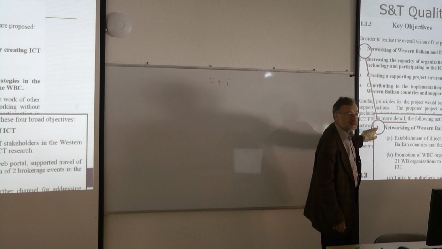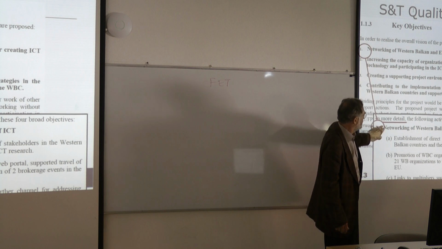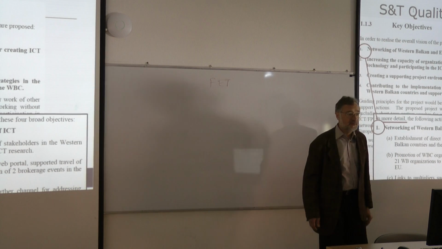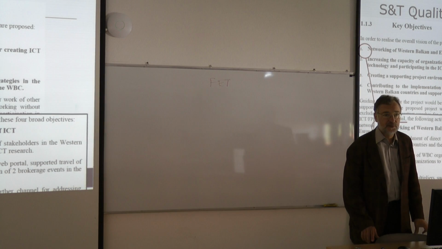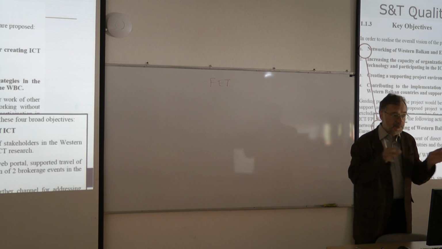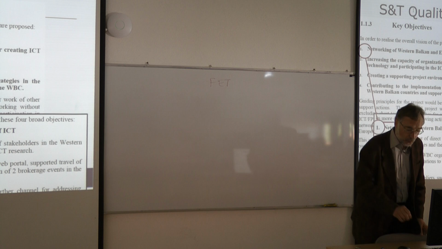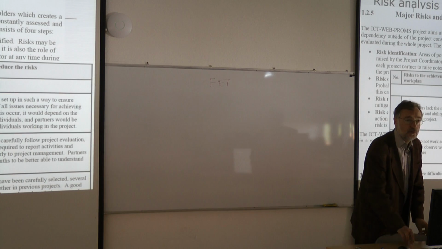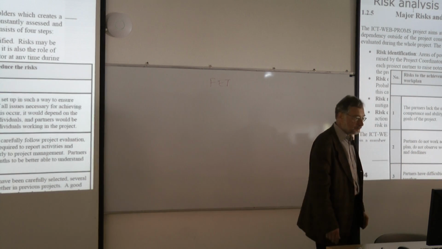For each of these key objectives, we described in more detail the specific objectives. You remember when you spoke yesterday about the logical framework matrix, there was also something like goal, overall objectives, and specific objectives. So we followed somewhere the same approach.